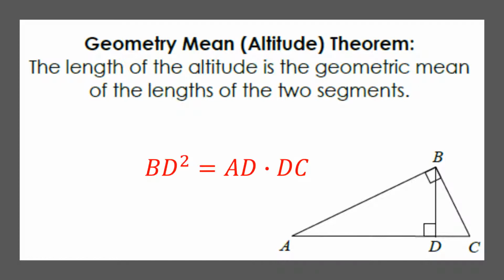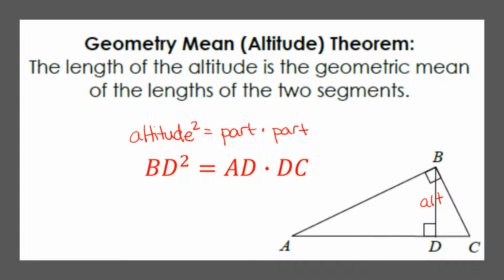In other words, BD squared, which is the altitude squared, is equal to the lengths of the two segments that make up the hypotenuse, AD times DC. So if we think about this, it's altitude squared equals part times part, or part 1 times part 2.